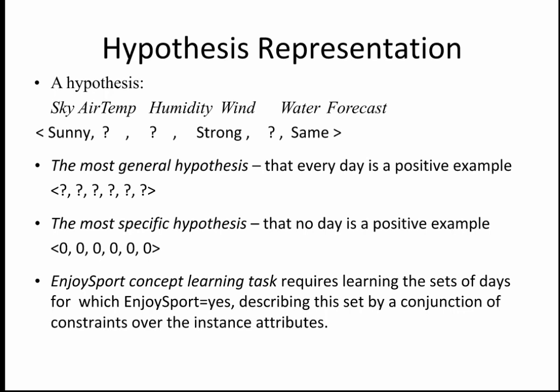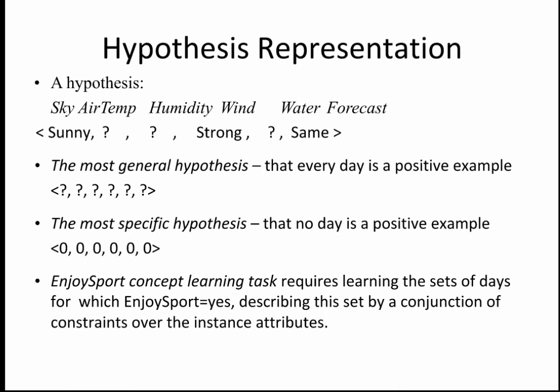So our concept has a value of true or false. The most general hypothesis, that means any value of an attribute could give you a positive result. On the reverse side, if all the attributes have 0, it tells you that no day is positive, there is no value for which you could say that the result is positive, and this is known as the most specific hypothesis.